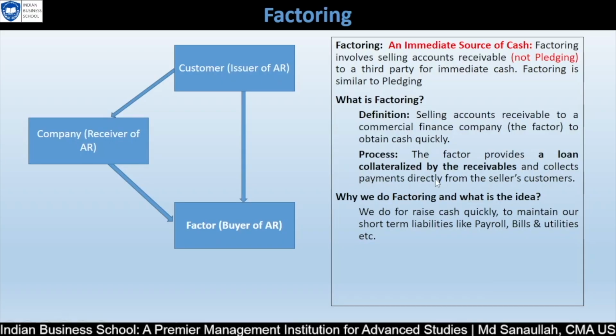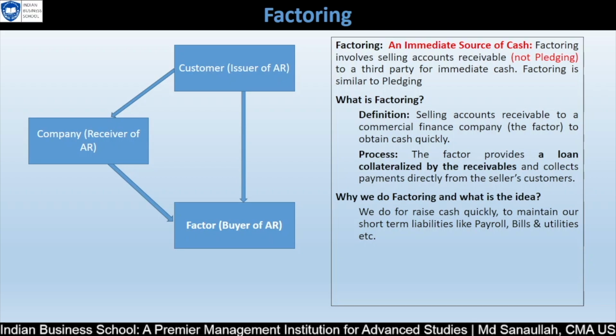First of all, we will learn what exactly factoring is. Let's read it out. Factoring, an immediate source of cash. When we need cash and we are struggling to get it from a bank or something, at that time we go ahead with the factoring procedure. Factoring involves selling accounts receivable.